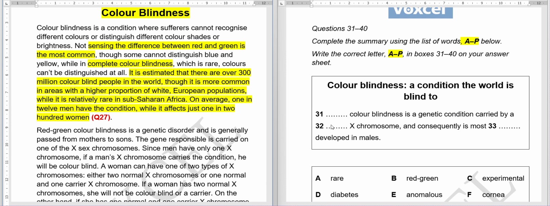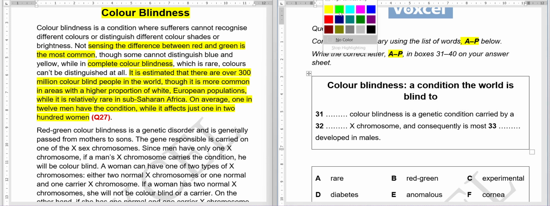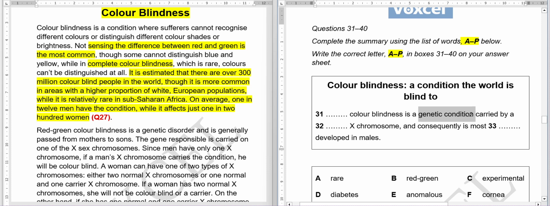So let's read these particular three questions. Dash color blindness is a genetic condition carried by a dash X chromosome and consequently is most dash developed in males. So here we have talked about males, but we haven't talked anything about genetic conditions.